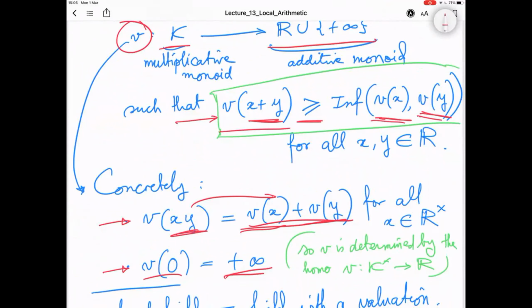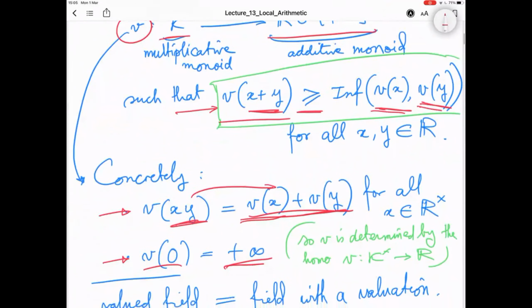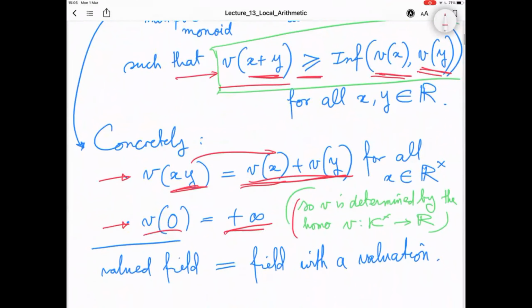Okay. So of course, a valuation is also determined by its restriction to K star, because the valuation of 0 is always plus infinity, and the restriction to K star is a homomorphism of groups, from the multiplicative group K star into the additive group R of real numbers. Okay.